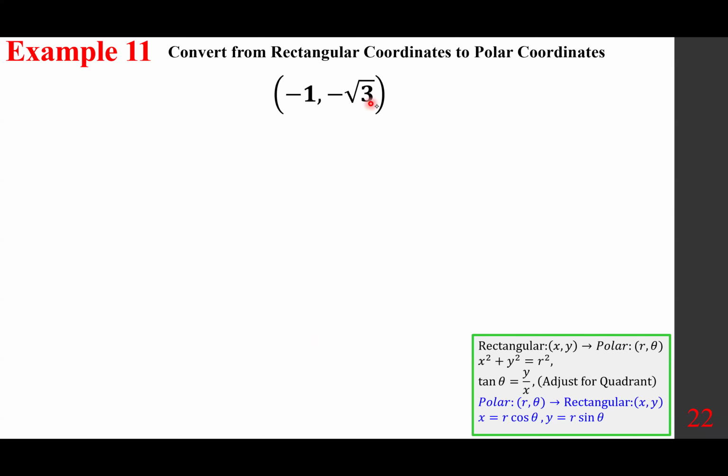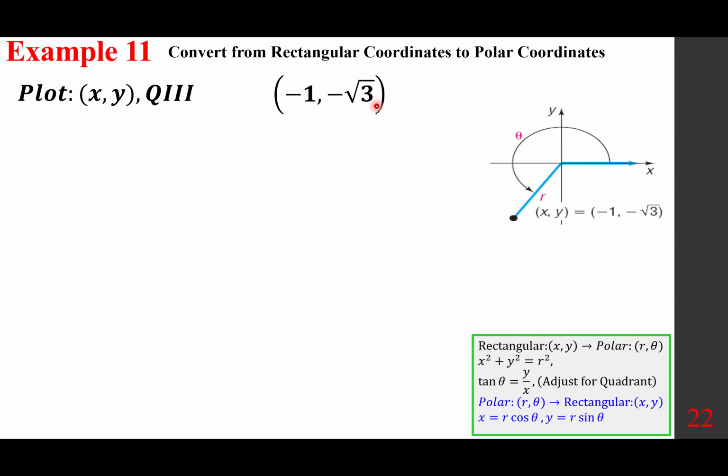Remember, square root of 3 is about 1.71 roughly. So you graph this in the rectangular coordinate system, and of course, since both of them are negative, they give us the third quadrant. So x is -1, y is minus square root of 3. And so you need to figure out the r, and you need to figure out the theta. And that's what we're going to work.